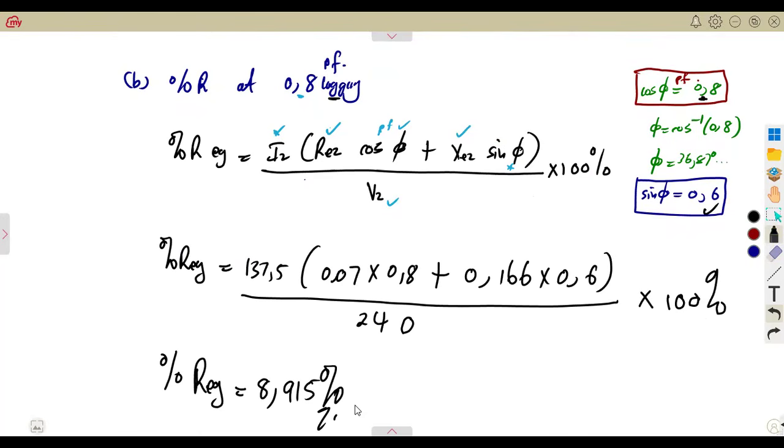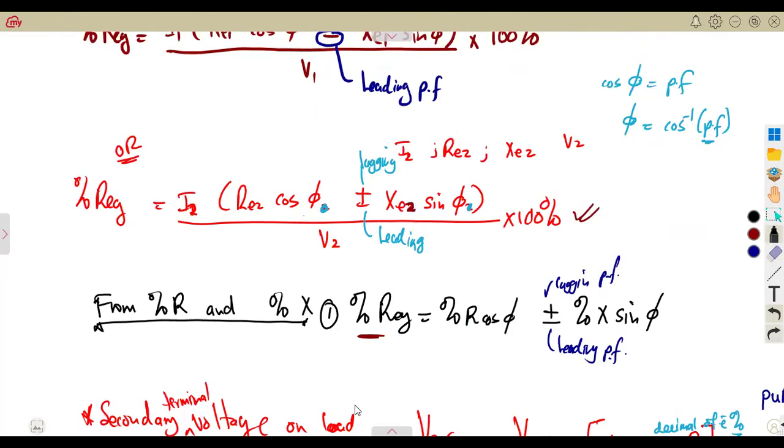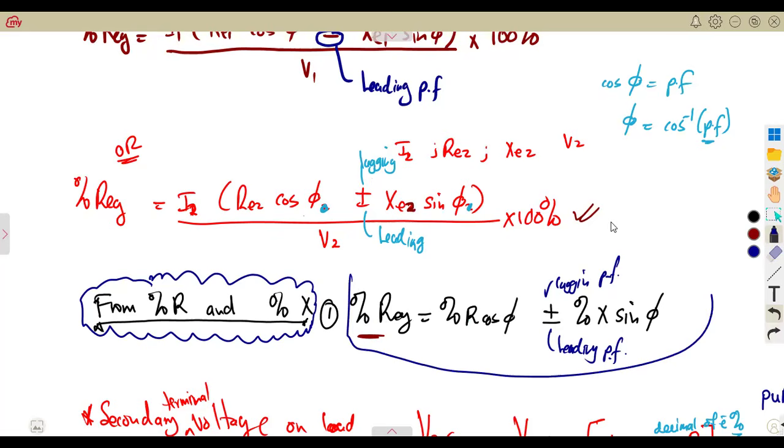But remember, I talked about the two formulas that could have been used for the same percentage regulation: from the percentage resistance and the percentage reactance. We can calculate the percentage regulation from this formula. For a lagging power factor, we're going to use a plus.